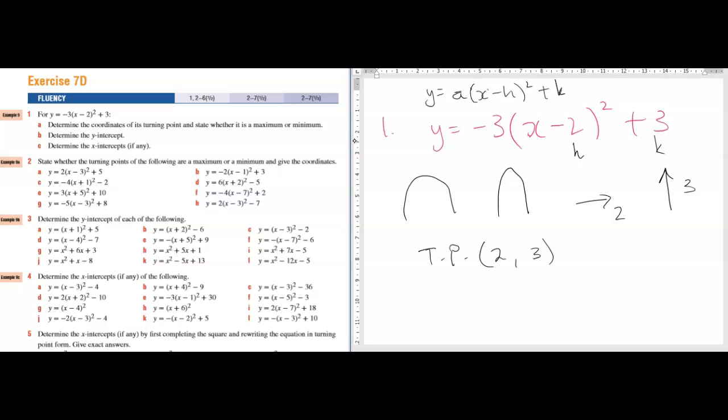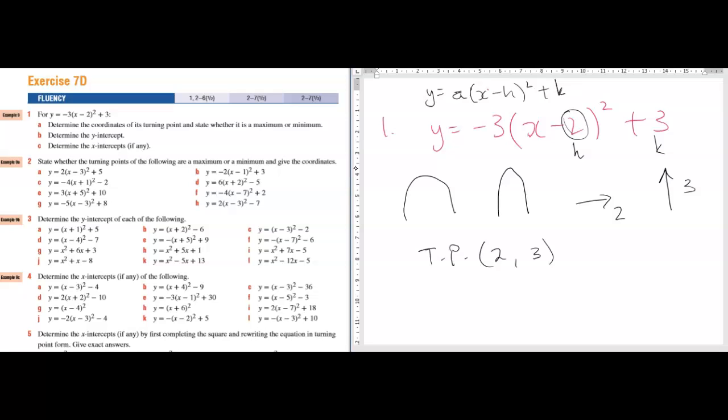If it helps, you can write everything except for A, H, and K in a different color so you can see. It can be a little confusing to begin with, but you'll pick it up that H is just what that value is here, and the negative there doesn't refer to H. It's a part of the turning point form.